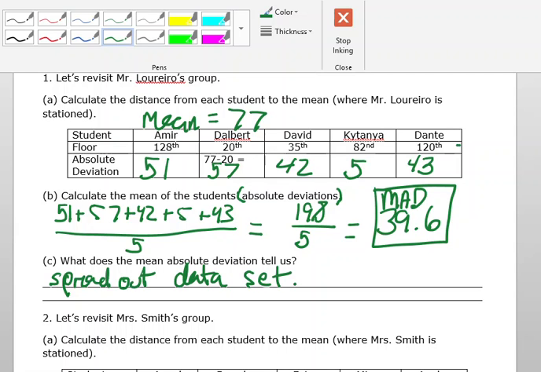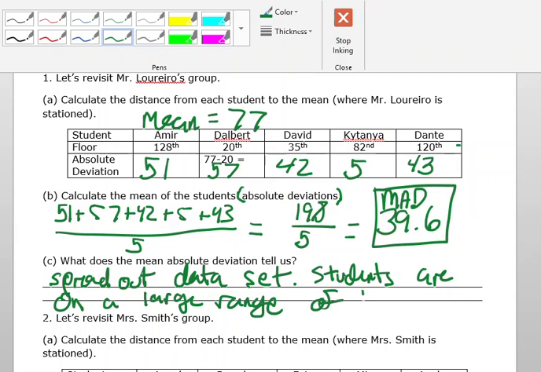In terms of this problem, it means that the students are on a large range of floors. They are spread out amongst the different floors of the Empire State Building.